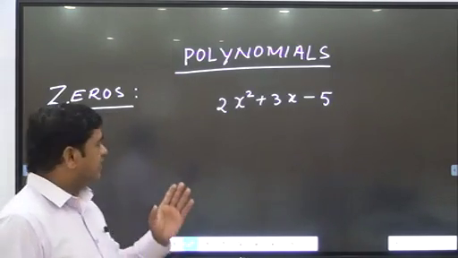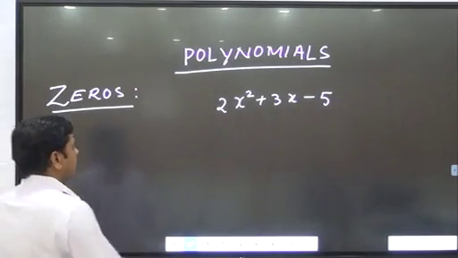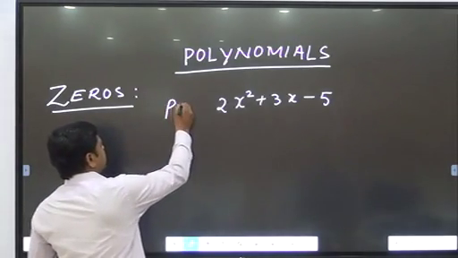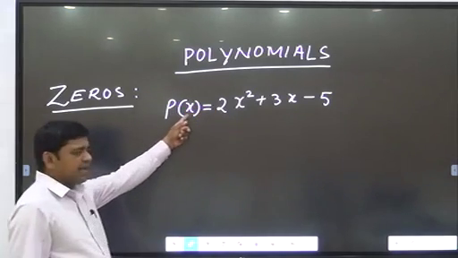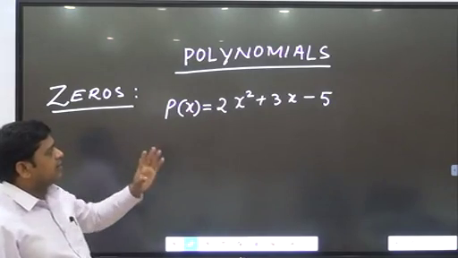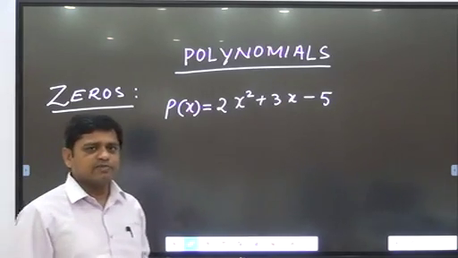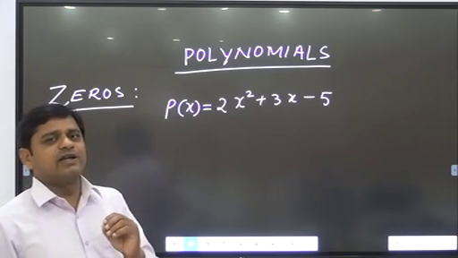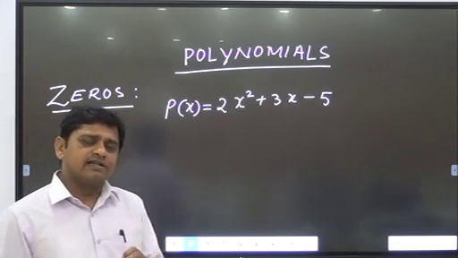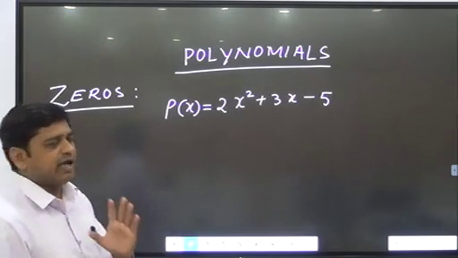P(x), the polynomial in variable x, is 2x square plus 3x minus 5. In this polynomial we put different values of x and find the value of P(x).